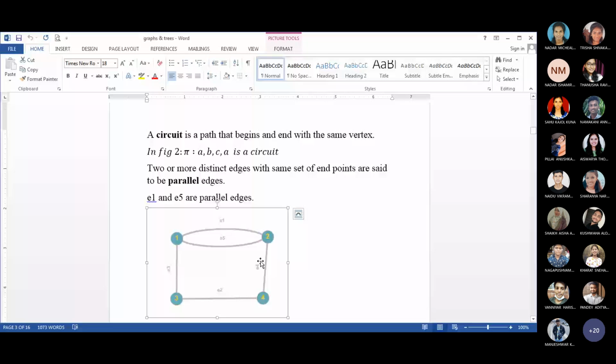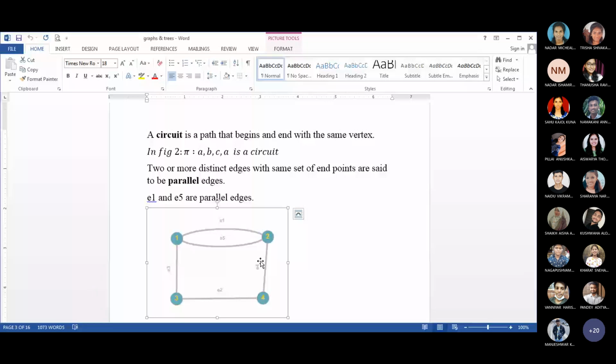Parallel edges. Again I repeat, don't get confused between parallel lines and parallel edges. Two or more distinct edges with the same set of endpoints are known as parallel edges.